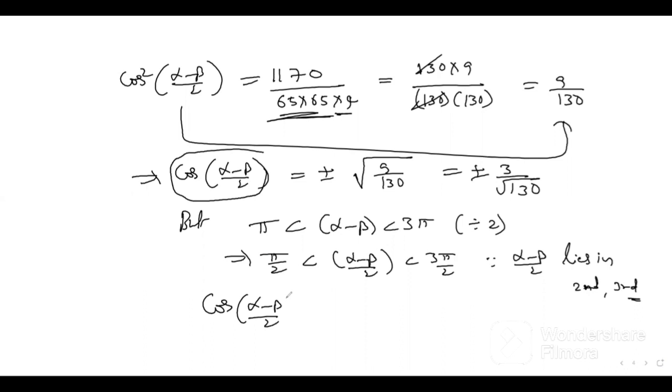Cos of (alpha minus beta) by 2 is negative in the second and third quadrants. There are two values, plus or minus, and according to the condition we should take the negative one. So minus 3 by root 130. This is the answer.